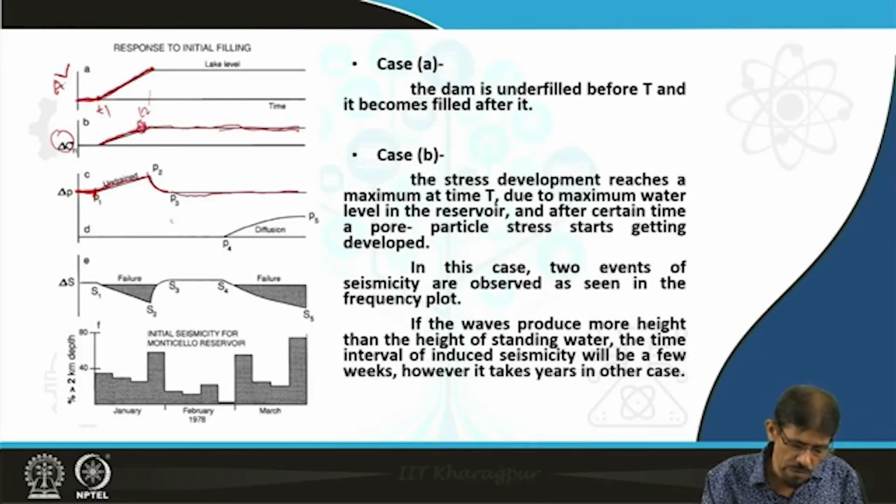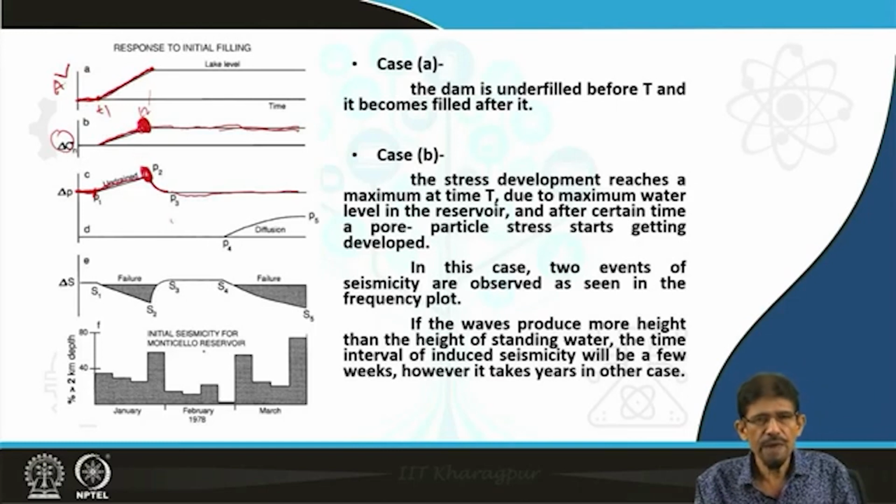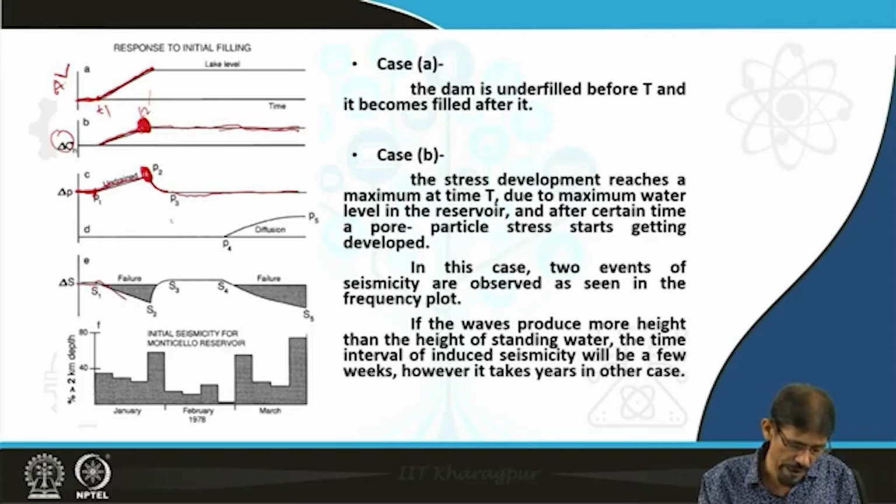During the maximum reach of the normal stress and the subtraction caused by this pore pressure, there is a chance of failure of strata as marked by this zone.